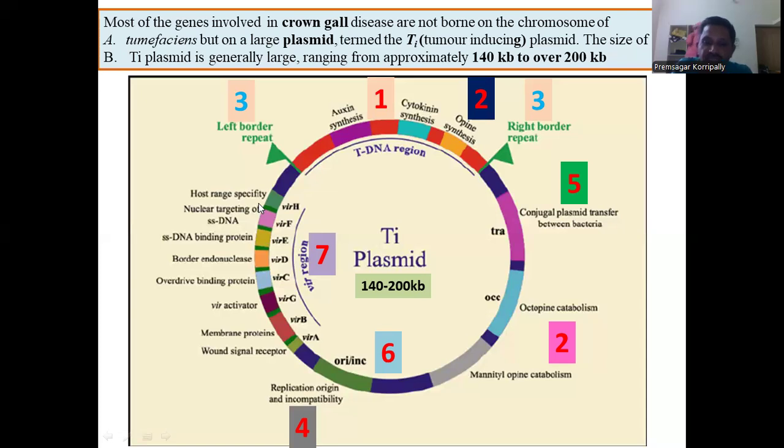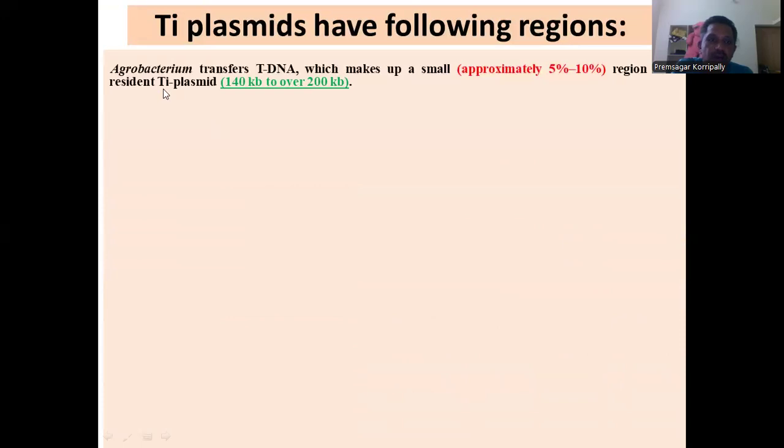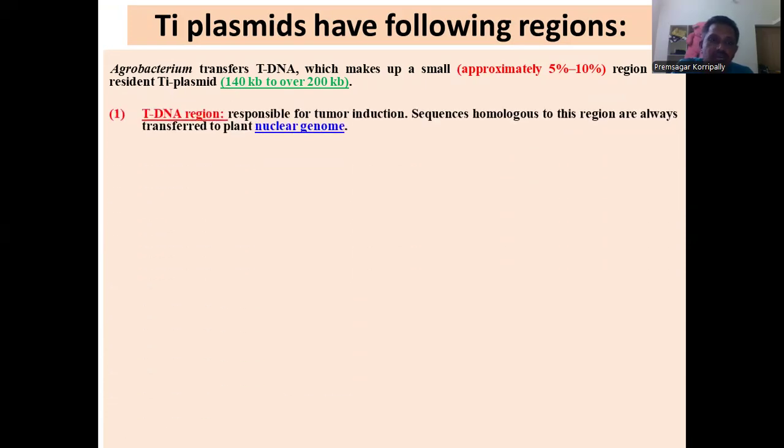So the same thing we can see in text format. Agrobacterium transfers T-DNA, which makes up a small region, approximately 5 to 10% of the Ti plasmid. As I told you, the T-DNA is responsible for tumor induction. Sequences homologous to this region are always transferred to the plant nuclear genome.